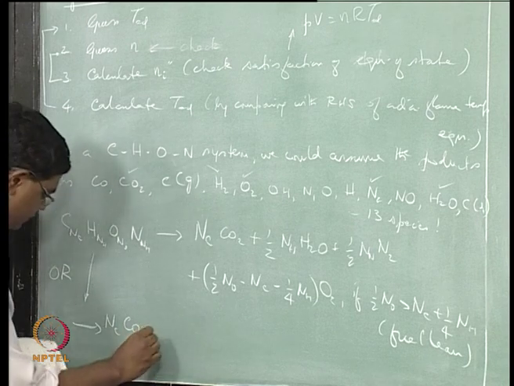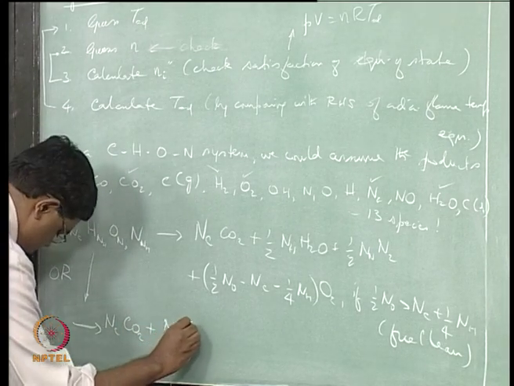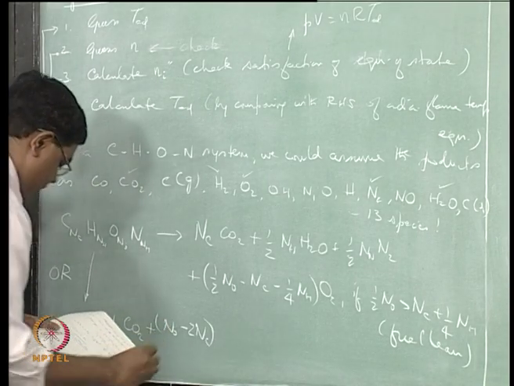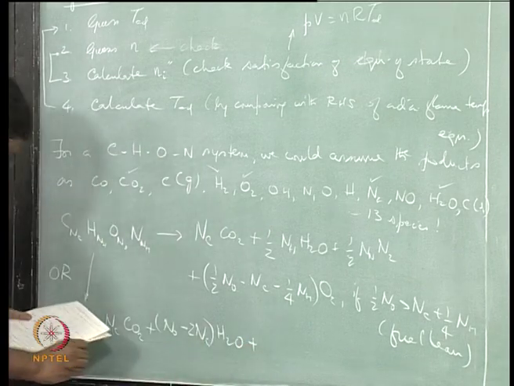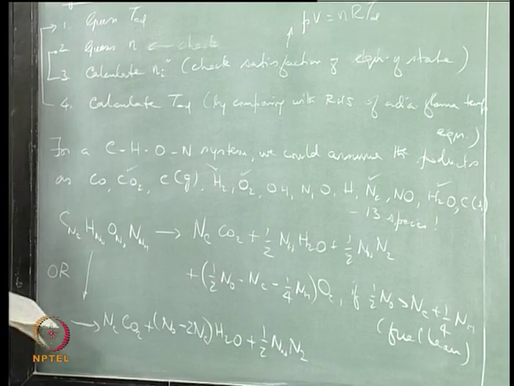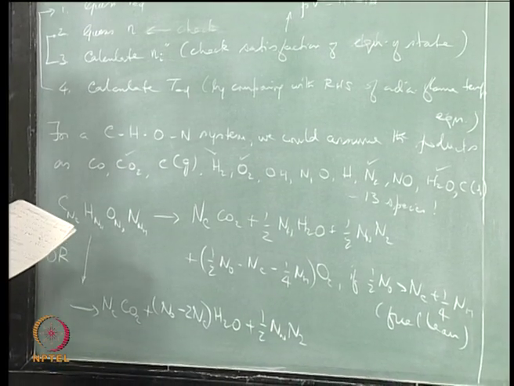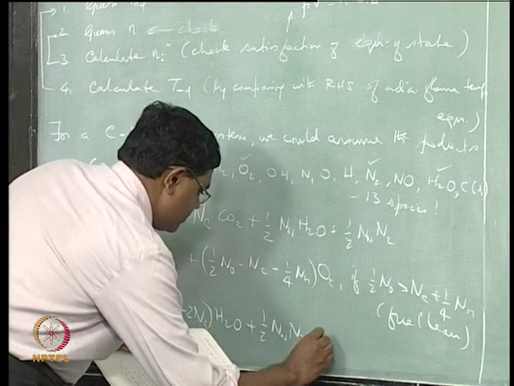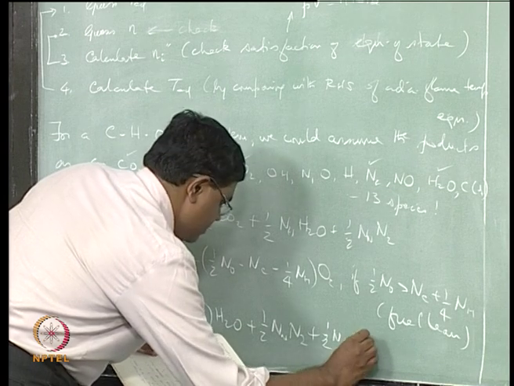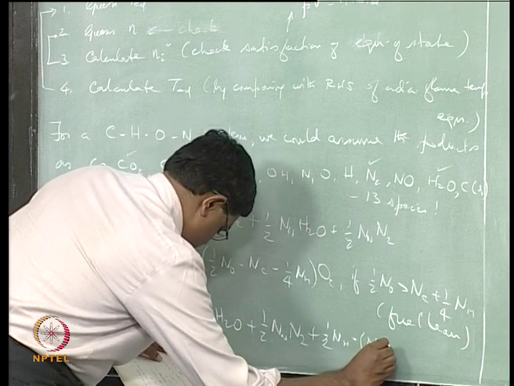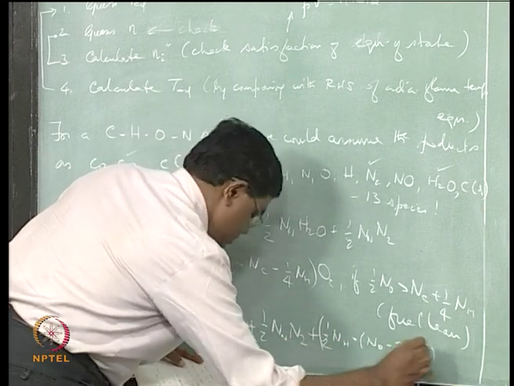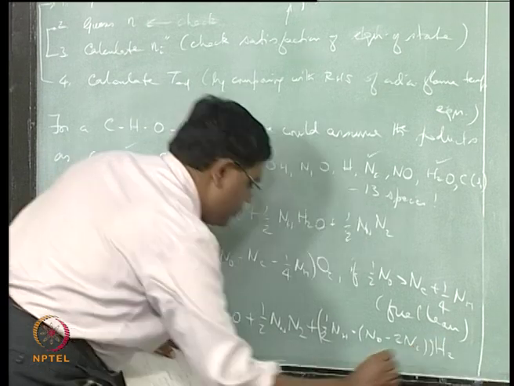For the other case, I'll just start with this and then say this could be NC CO2 plus NO minus 2 NC H2O plus half NN N2, that doesn't change, plus half NH minus NO minus 2 NC H2, right.